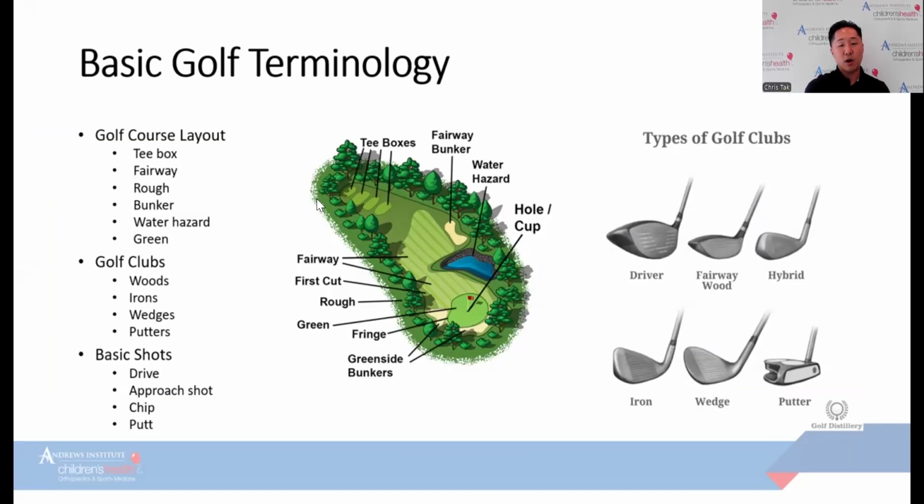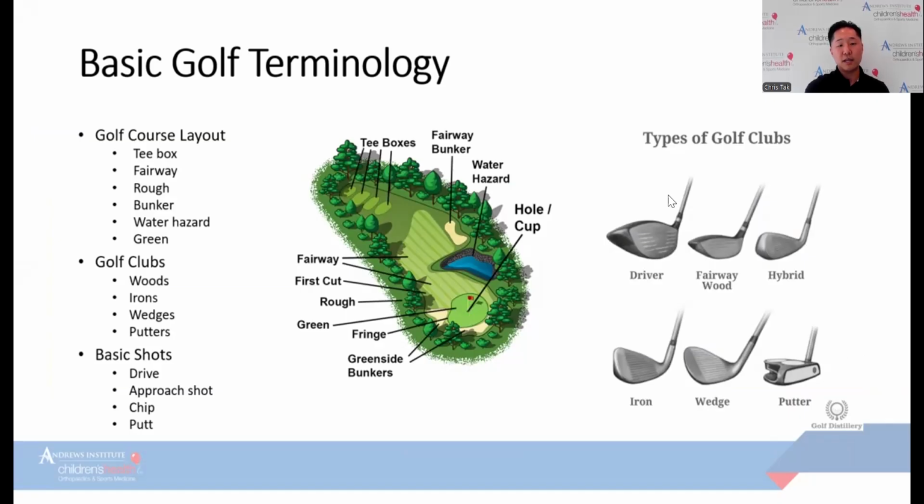Then water hazard, as you can see right here, is a body of water that can impede the play. If the ball goes into the water, there are penalties. And then lastly, the green we're looking at right here. The green is a closely mowed area where the hole is located. So ultimately, in a single hole, you're expecting the ball to go from the tee box all the way to the green where the hole is.